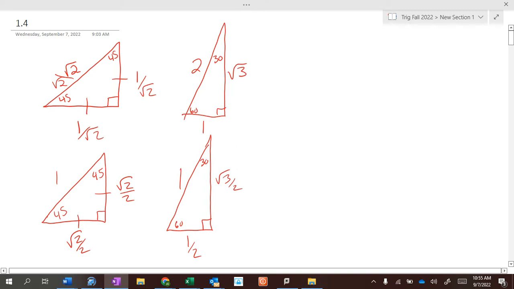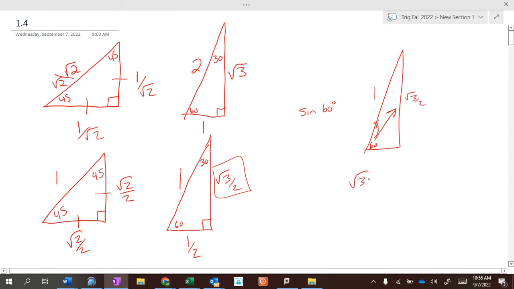Why is that important? Well, in trig, if I want to know the sine of a 60-degree angle, where this is 60 degrees, the sine is the opposite side over the hypotenuse, right? Well, if the opposite side is square root of 3 over 2, if you put that over 1, it's just square root of 3 over 2.